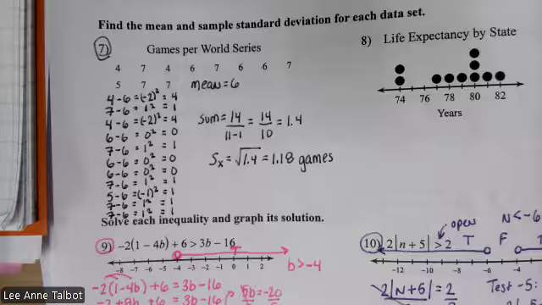Okay, what it means is the games per World Series are typically 1.18 away from 6. So it's saying that data set, that's how close they are together. They're typically 1.18 from 6. So the average distance from 6 is 1.18. But don't take stats if you hate it.